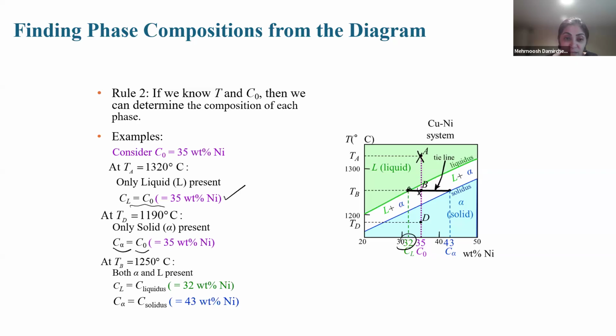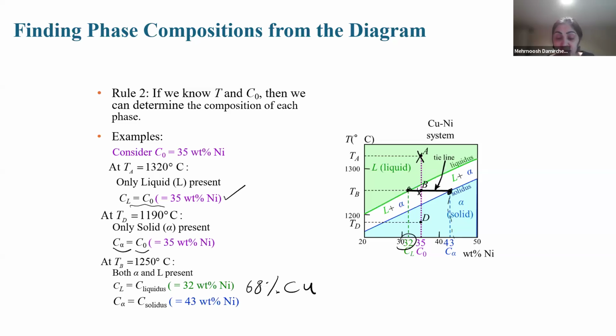What about, for example, Cu? For Cu it is 68% Cu. And the tie line intersects the solid region at this point. Read the coordinate of this point, it is 43%.